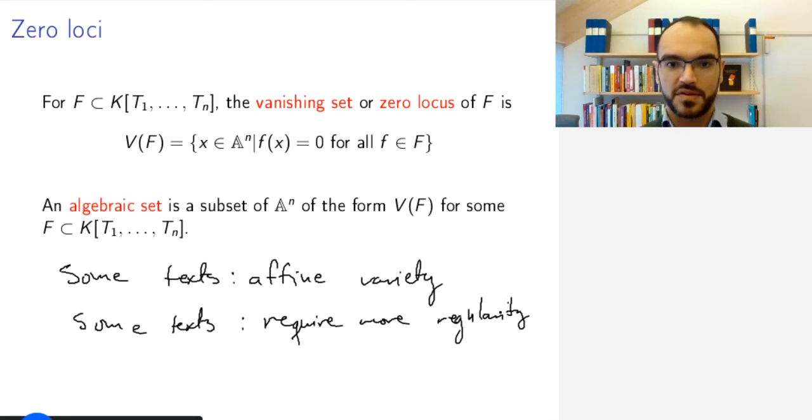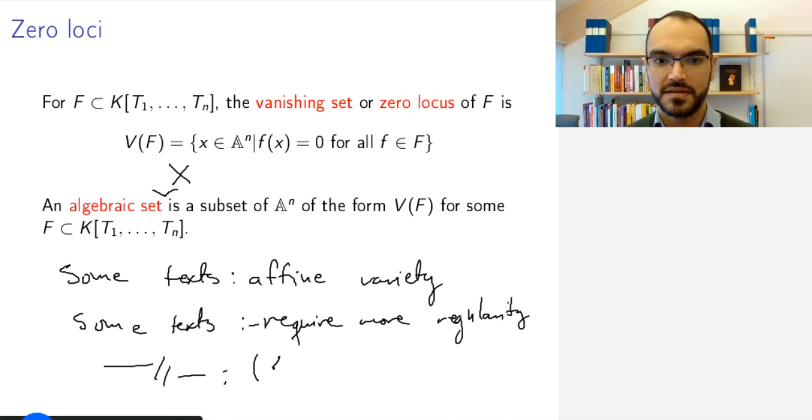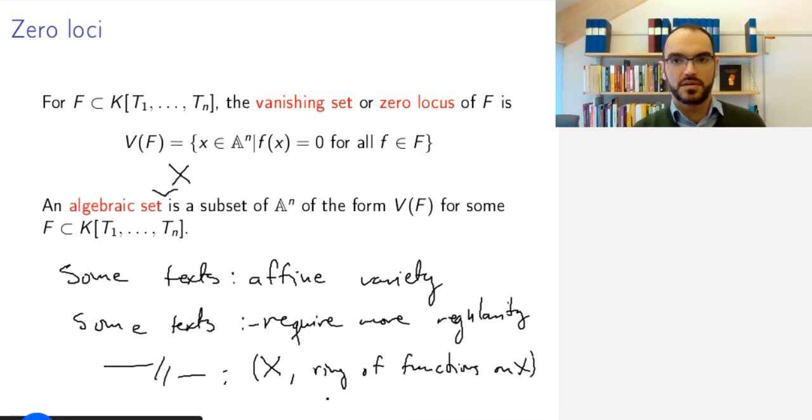And also, what is to me more important from a philosophical point of view, but not strictly speaking mathematically, is that in some texts, if your algebraic set is called X, you don't consider X alone as an affine variety. You consider X together with some ring of functions on X, and this pair is your affine variety.